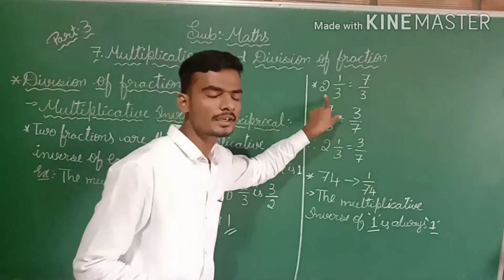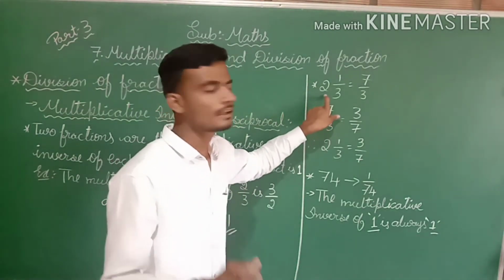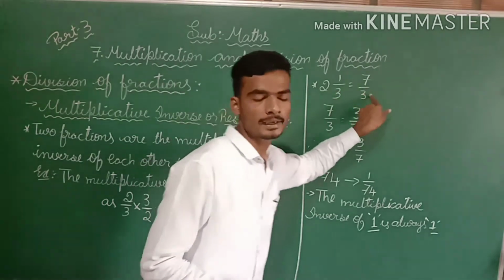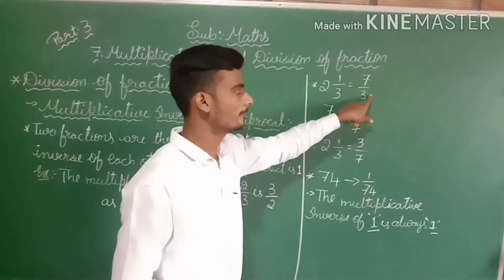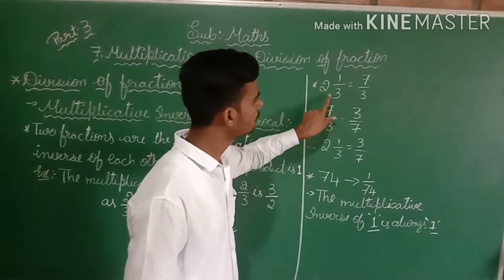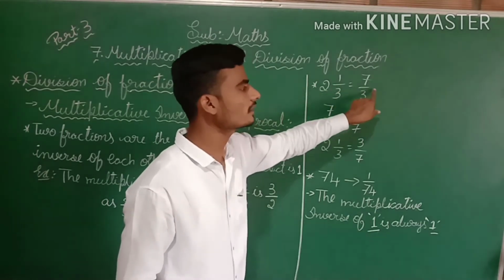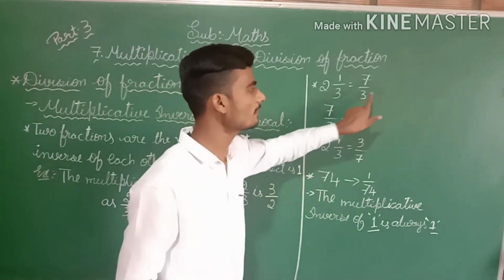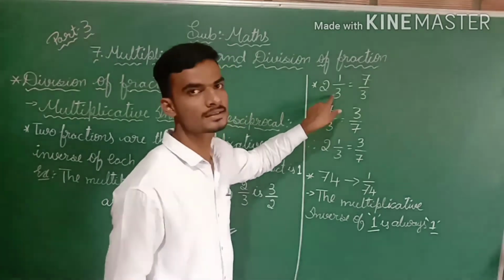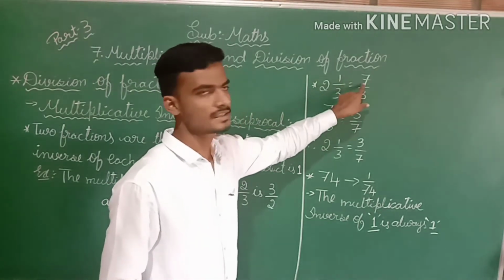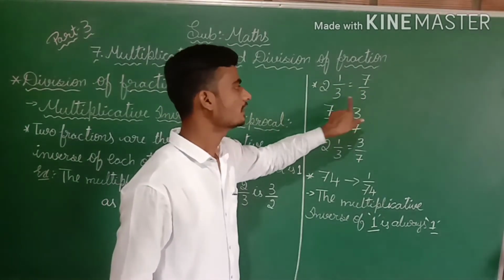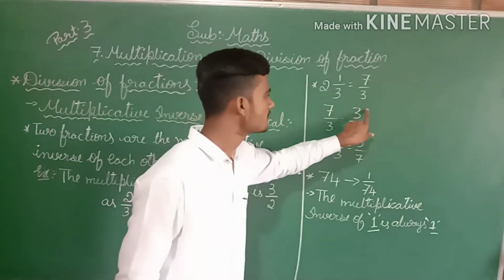You already know how to convert mixed fractions into an improper fraction. So I have taken 2 whole 1 by 3. You will get this improper fraction as 7 by 3. 2 3s are 6, 6 plus 1 is 7. 7 by 3. The denominator part you should write the same.